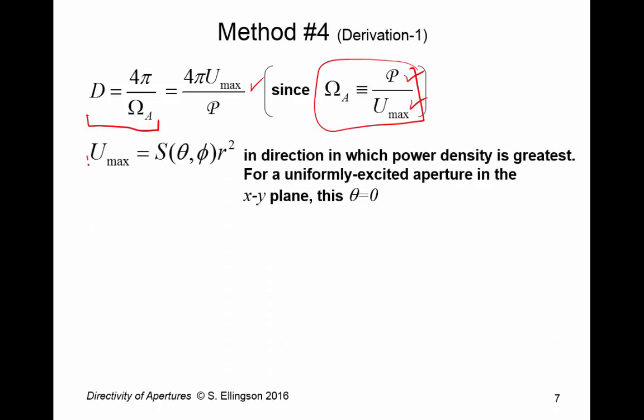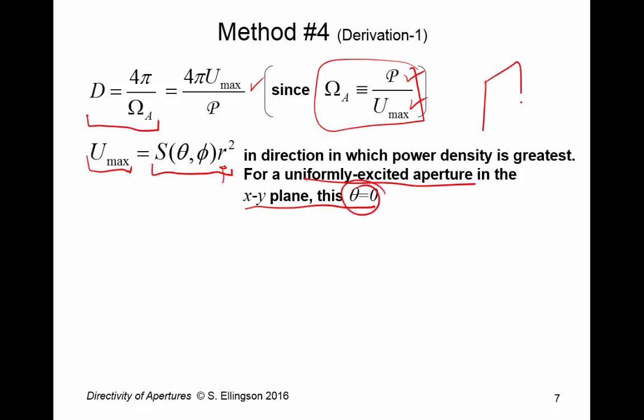Now, maximum radiation intensity, which we need in this expression, is given by the power density in whatever direction it's maximum times r squared, the distance to that surface where we're doing the calculation. Now, this direction of maximum power density for a uniformly excited aperture in the xy plane is theta equals 0.